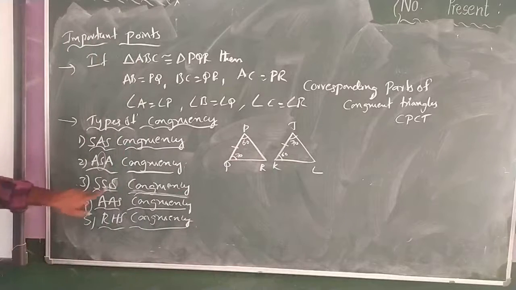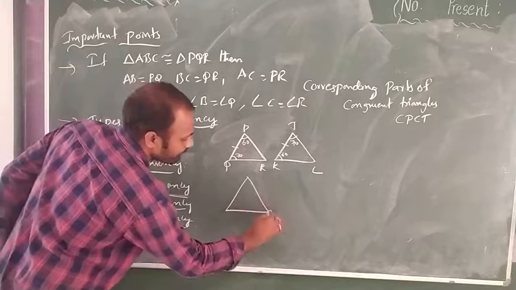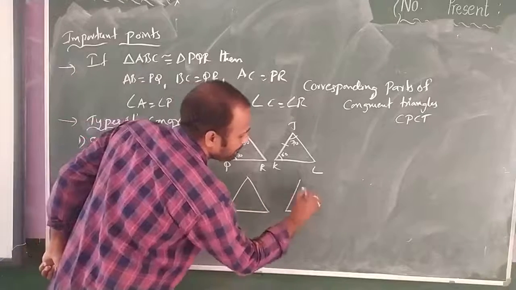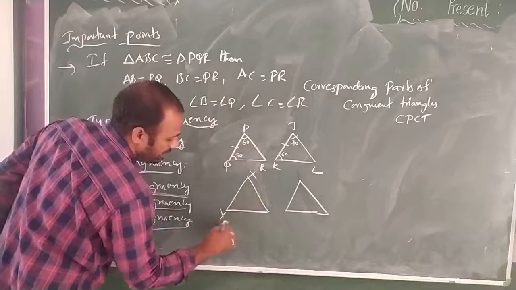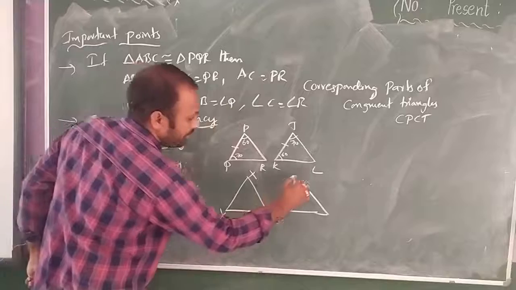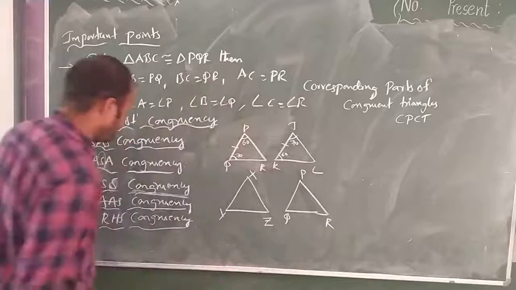Next, in order to prove the SSS congruency rule, let us take two triangles, triangle XYZ and PQR.